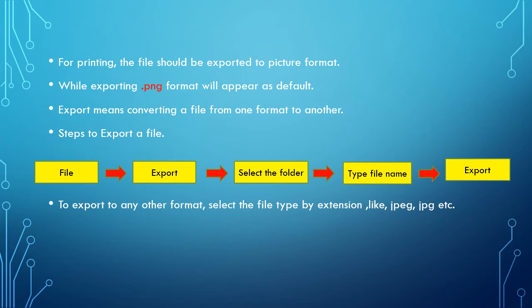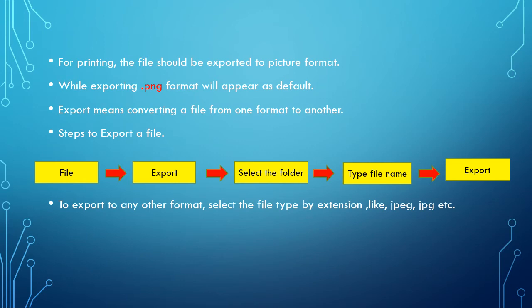That means type the file name followed by a dot and the extension. You can choose any extension for the format you want, like JPEG, JPG, etc. And if you are happy with the default format .png, you need not give any extension after the file name.